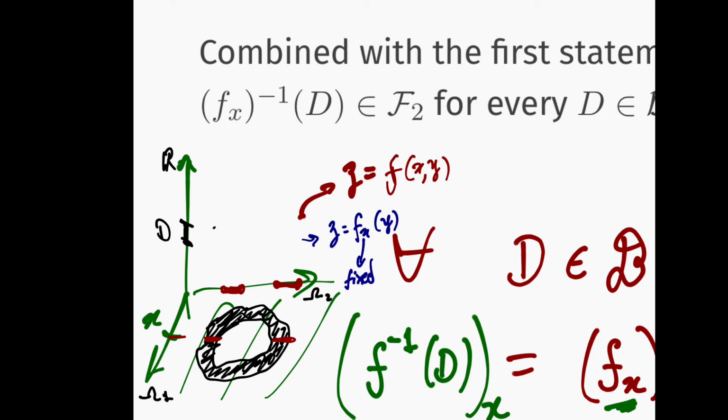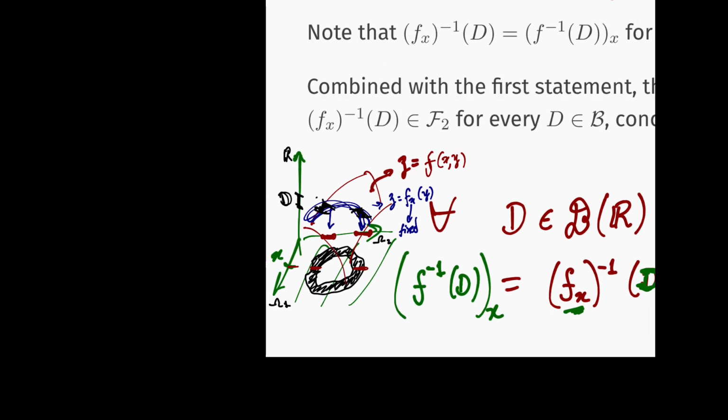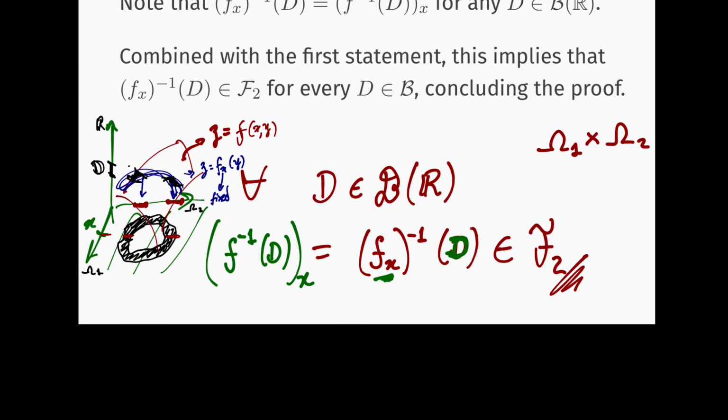Or we can look at the function that we had, take the section of the function, and then look at the pre-image of D by that section, and this will give us exactly the same intervals. So this is what is being said here in this equality.